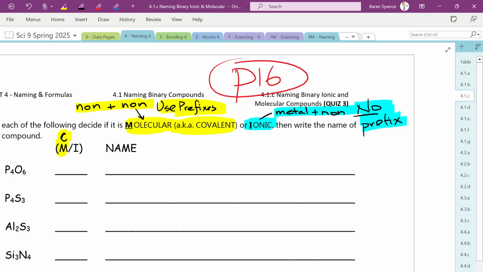Then we have chloride, but we need to do this four of them.